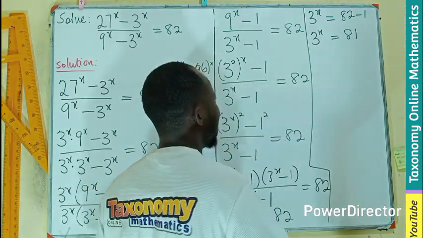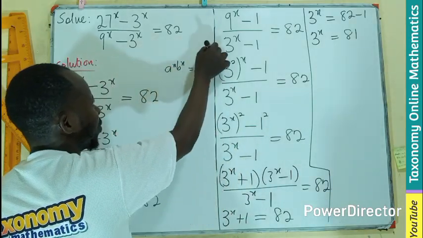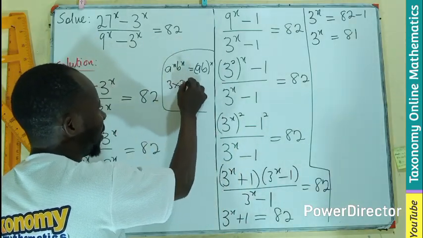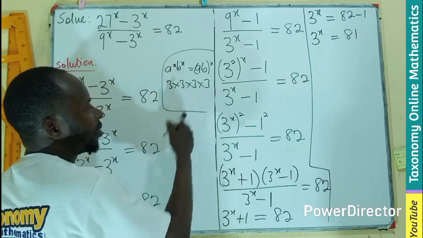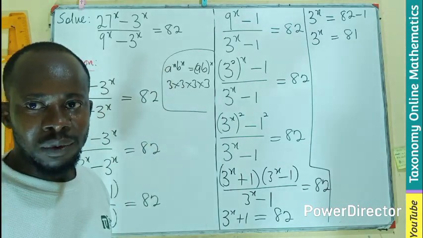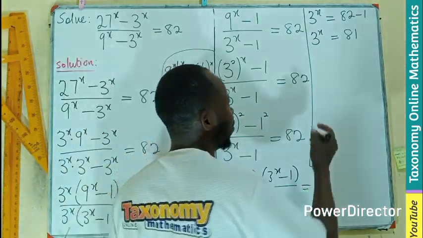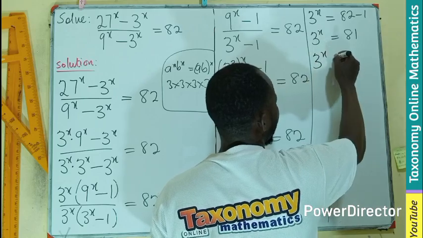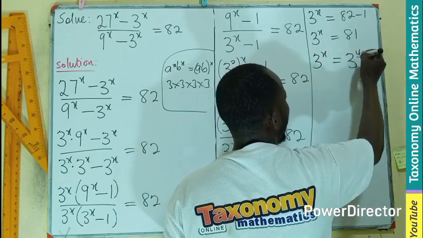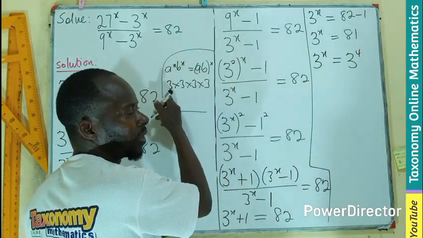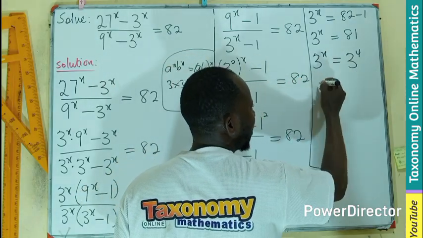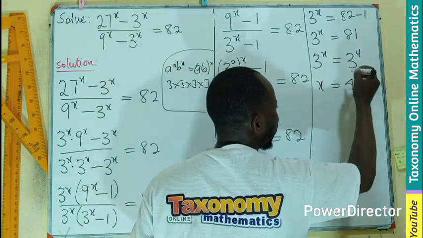If I have 3 times 3 times 3 times 3, 4 times will give me 81. So all that I need is to have my 3 to the power x equals 3 to the power 4. Since the bases are the same, it also means that x is equal to what?